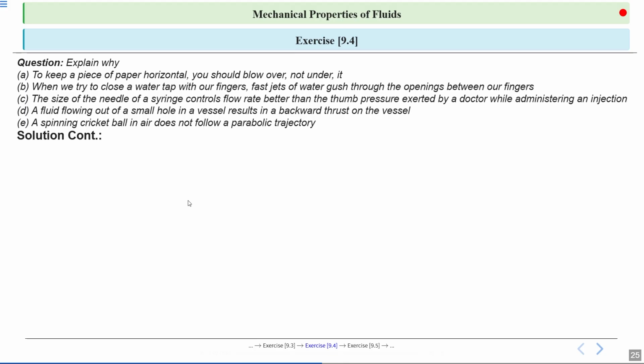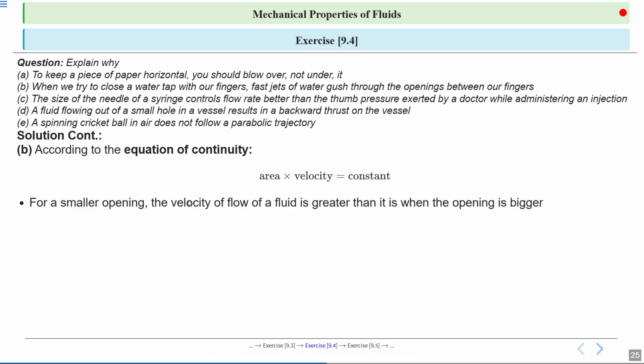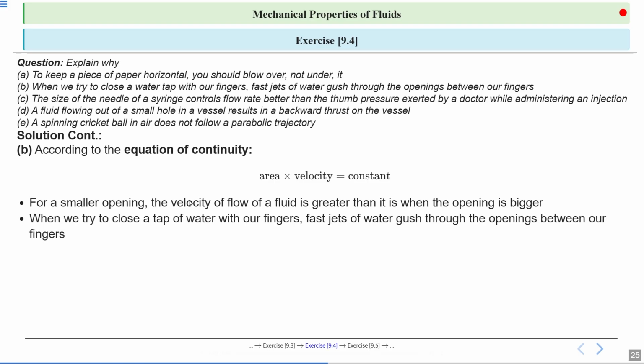Now, B. So, let's focus on part B. According to the equation of continuity, area into velocity equals a constant. For a smaller opening, the velocity of flow of a fluid is greater than it is when the opening is bigger. When we try to close a tap of water with our fingers, fast jets of water gush through the openings between our fingers.